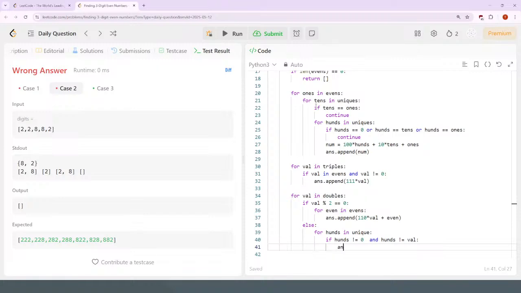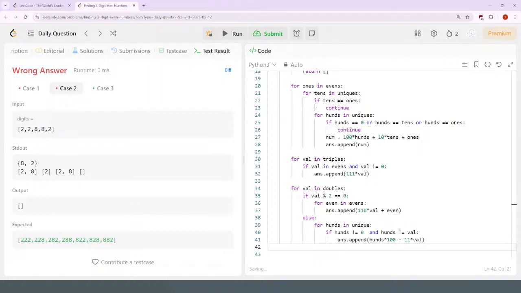So it'd be answer.append 100 times huns plus 11 times the value as their ending, like double zeros, double twos, double fours. Alternatively, it could be the two doubles that are even is the first numbers, and then it can be any other number at the ending.